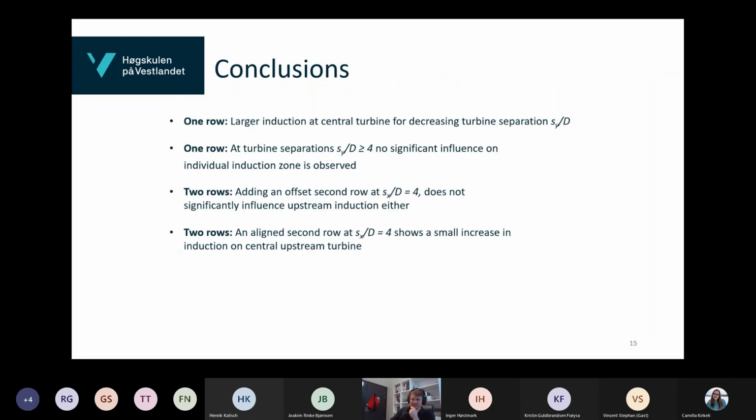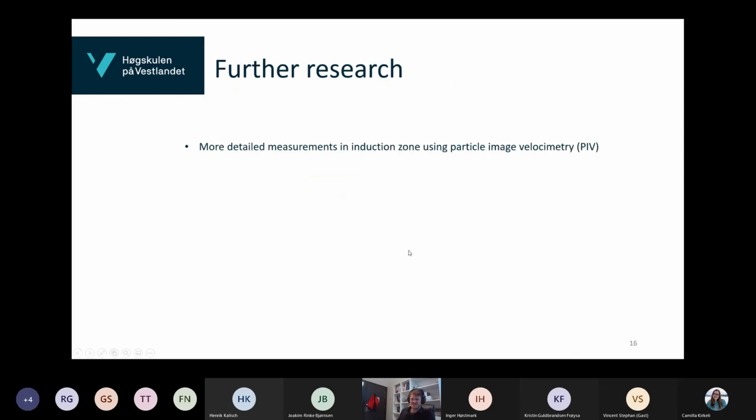So these are just a couple of results, and of course we cannot conclude from that how large those effects are actually in real wind farms, and we did not solve all of the research goals that we have. So there's a lot to do again.